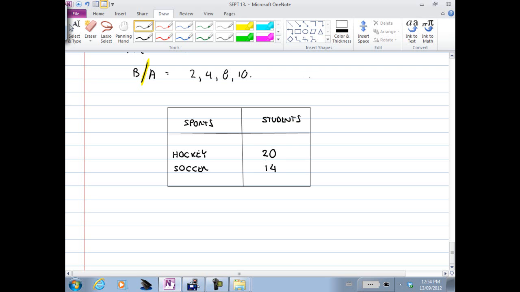Sorry, there are 45 students altogether. Let's say there are 45 students total. And so 20 students play hockey. 14 students play soccer. Next one. Neither hockey or soccer. There's 16 people who play neither sports.